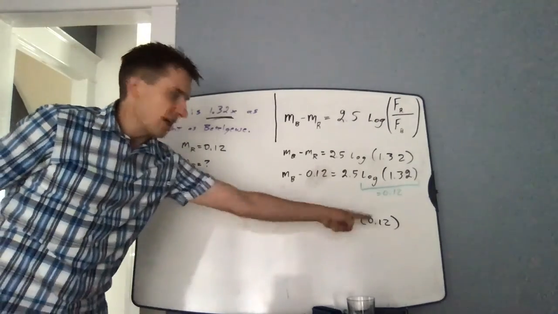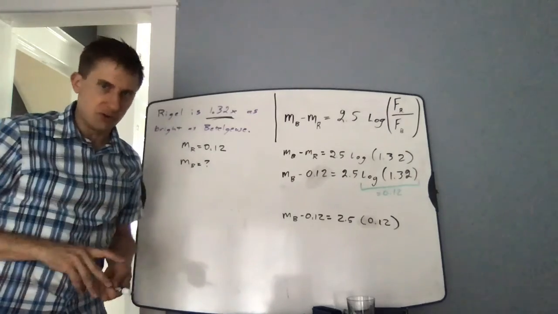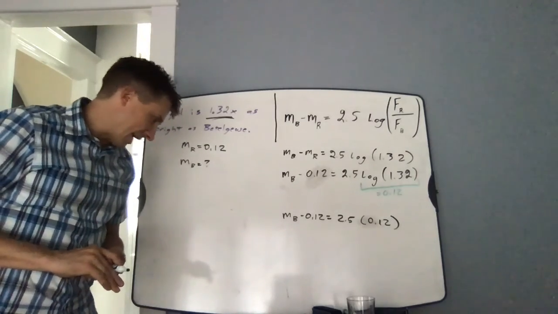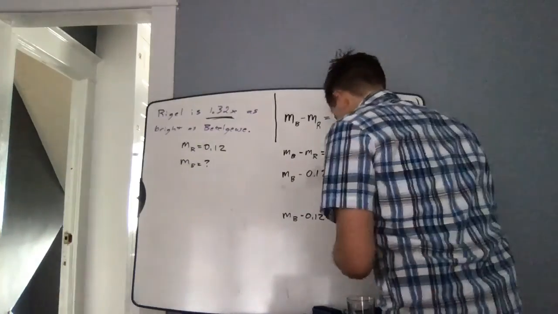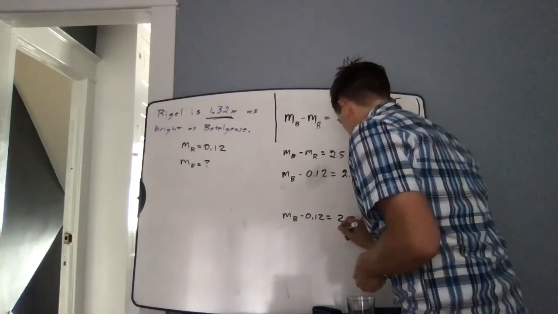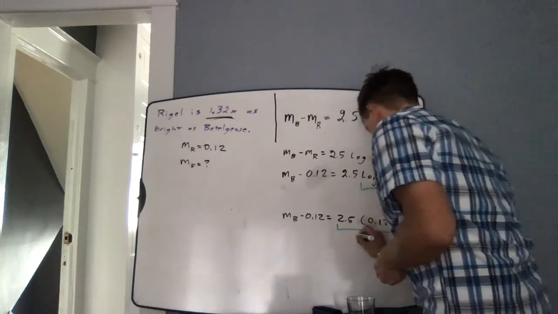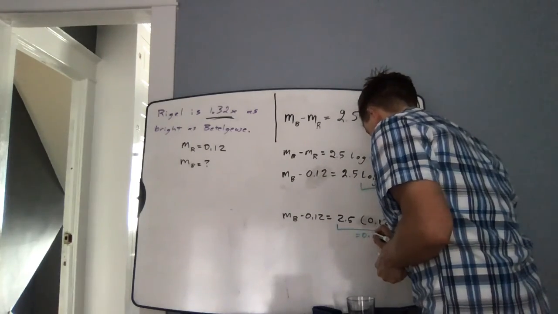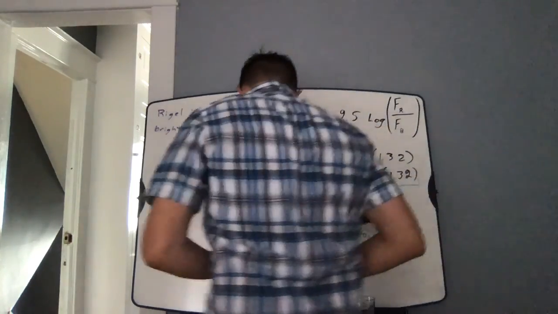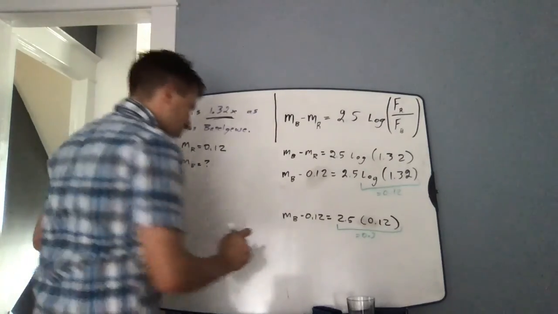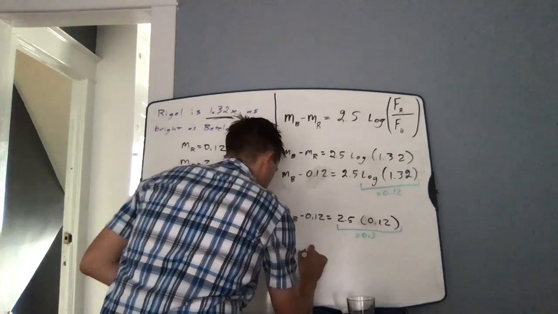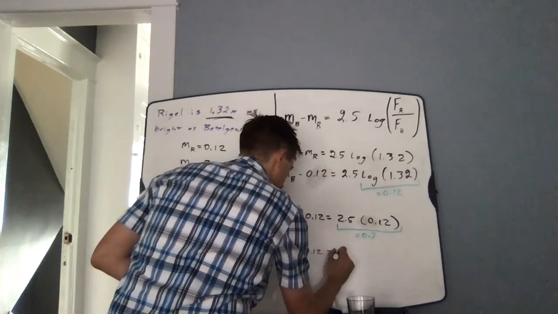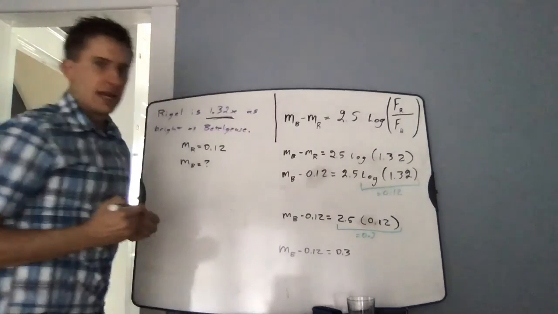So I'm going to multiply 2.5 times 0.12. If I do that, I get 0.3. So this term here is equal to 0.3. So I have M Betelgeuse minus 0.12 is equal to 0.3.